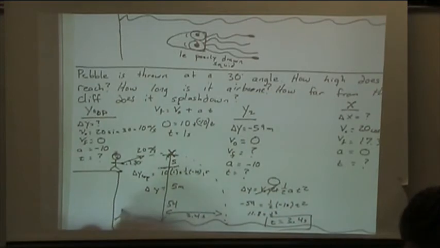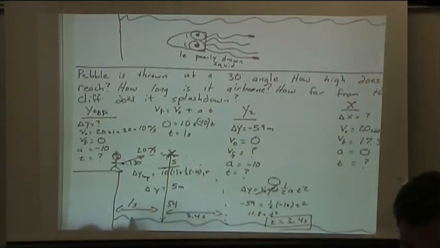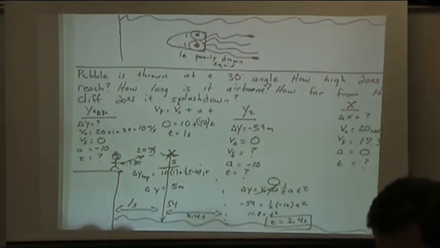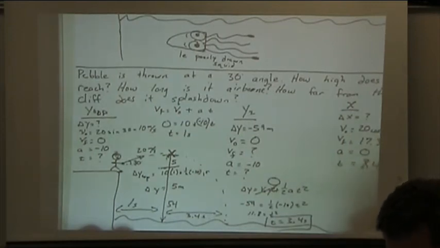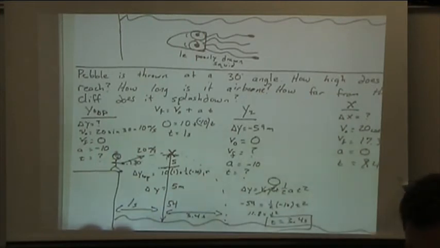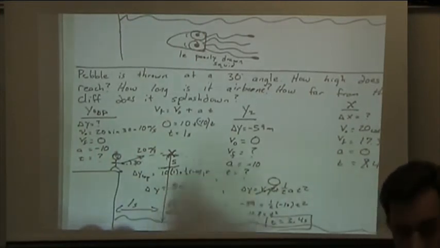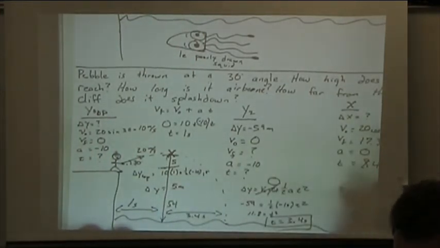In the previous section, from throwing to the top of the arc is 1 second. So that means the total time is 4.4 seconds. And that's going to go into our X list, because during that entire 4.4 seconds, we've got some horizontal motion.